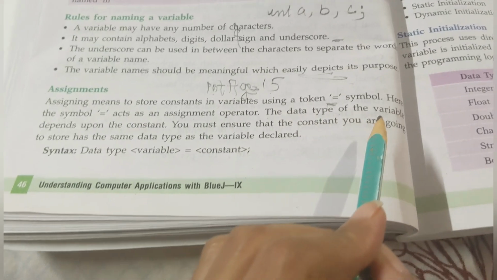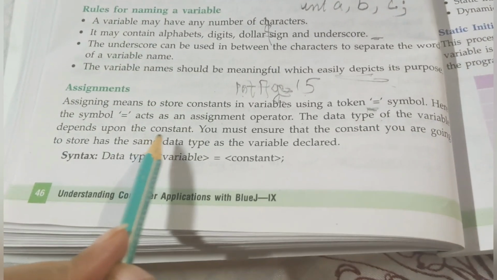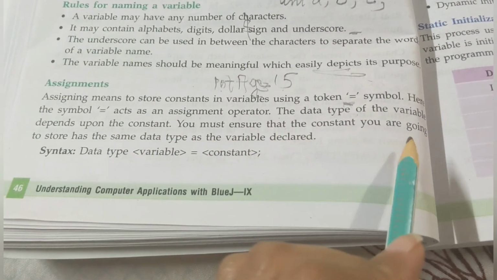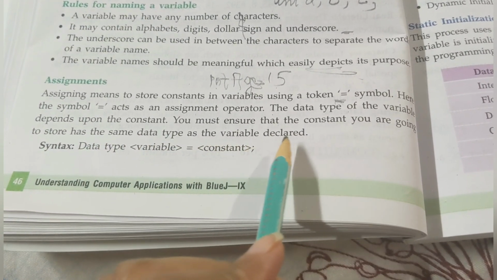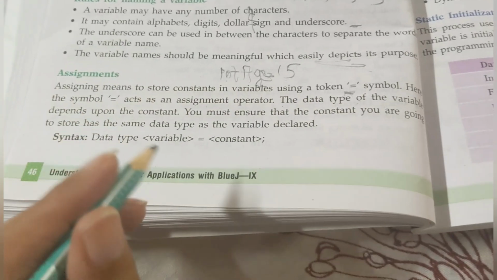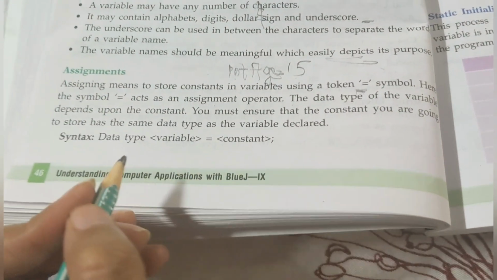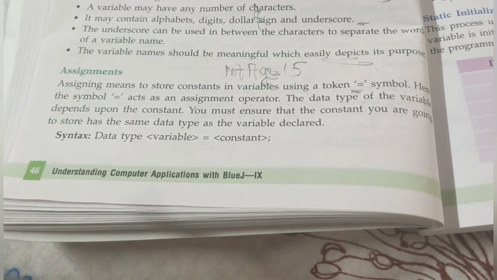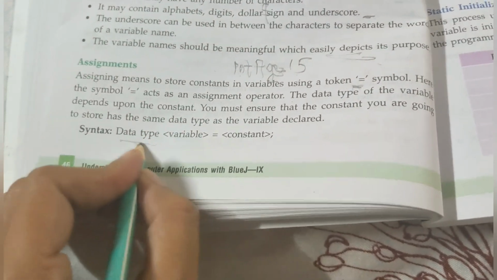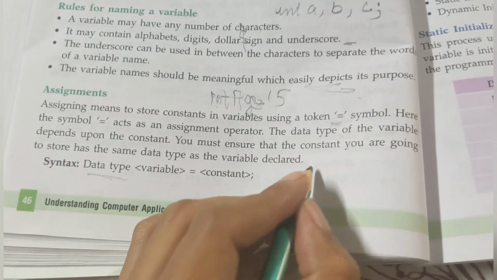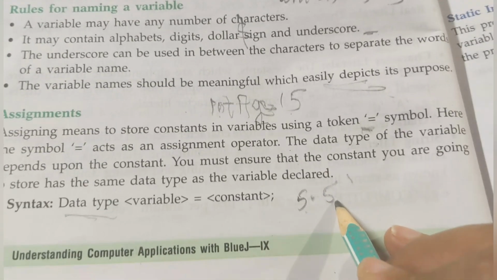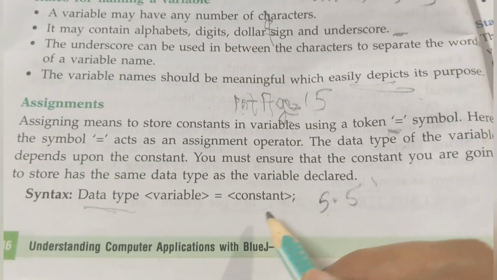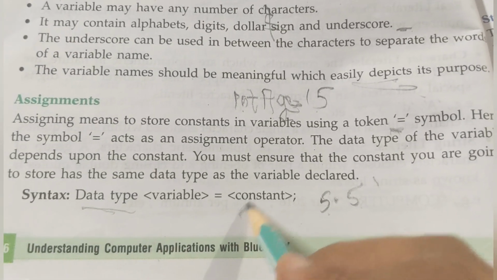The data type of the variable depends upon the constant. You must ensure that the constants are going to store the same data type as they have declared. That means अगर आप लोग 10 लेना चाहते हो, that 10 is an integer number, so आपको वही यहाँ पे data type लेना पड़ेगा. Suppose if you want to enter 5.5 and it's not an integer number, 5.5 is a float number, so you have to take a float variable.